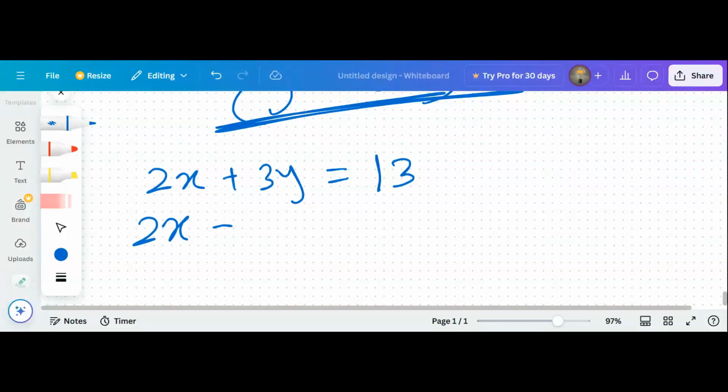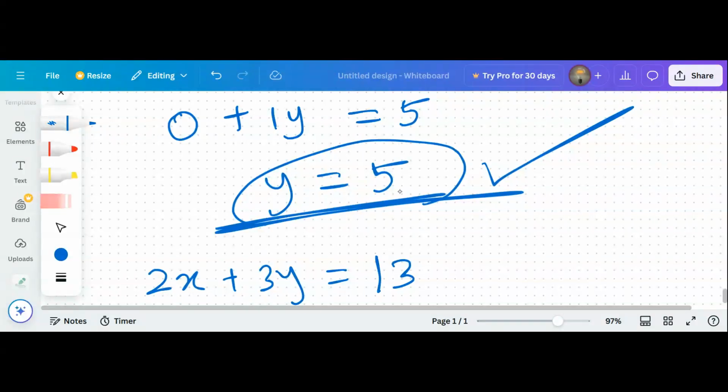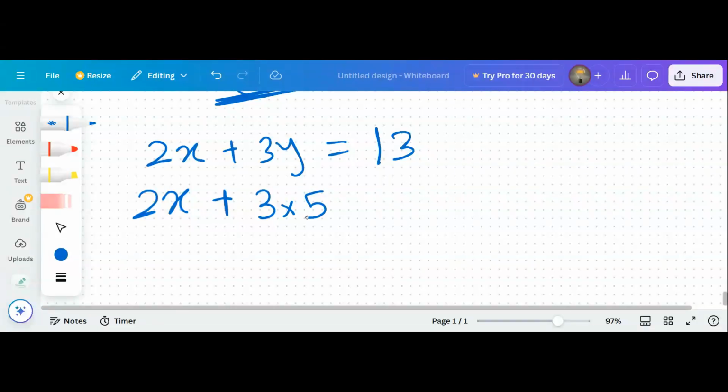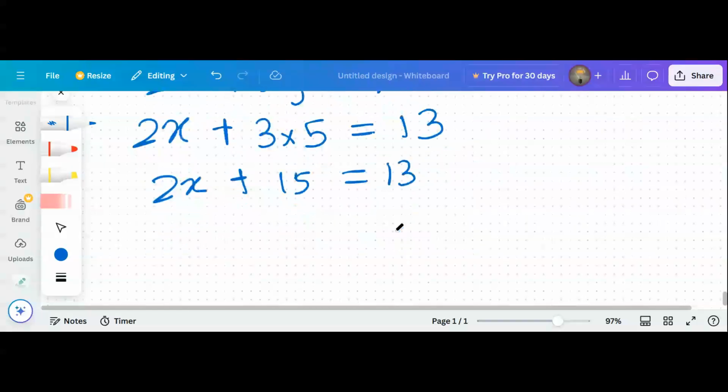So 2x plus 3 into, what is y? y is 5, we found it, so we can put the 5 here. This is equal to 13. So 2x plus 15 is equal to 13.